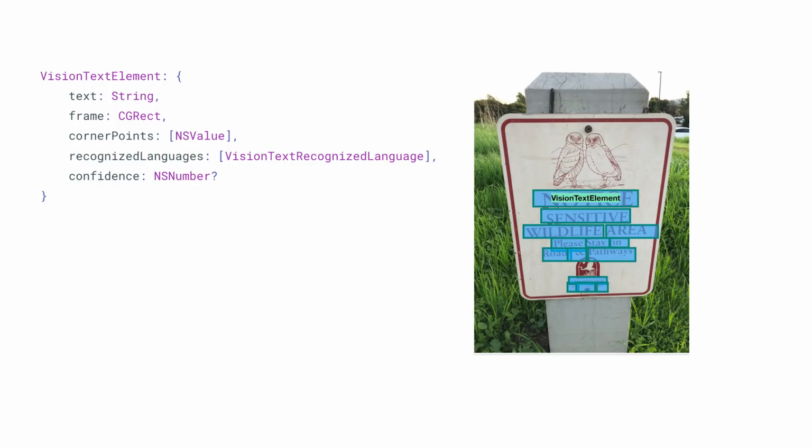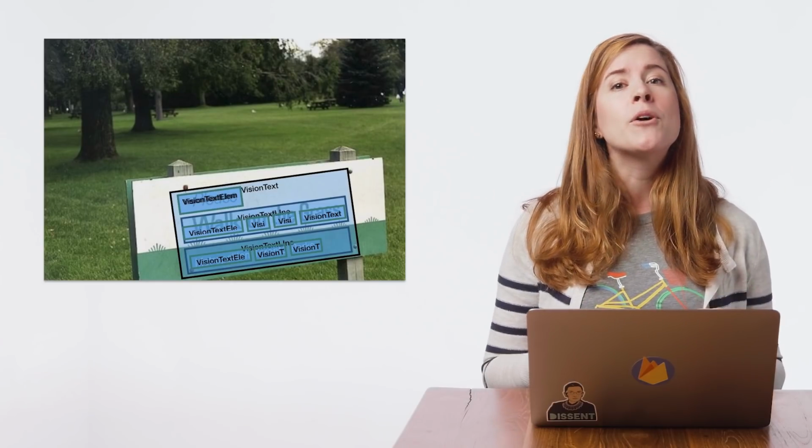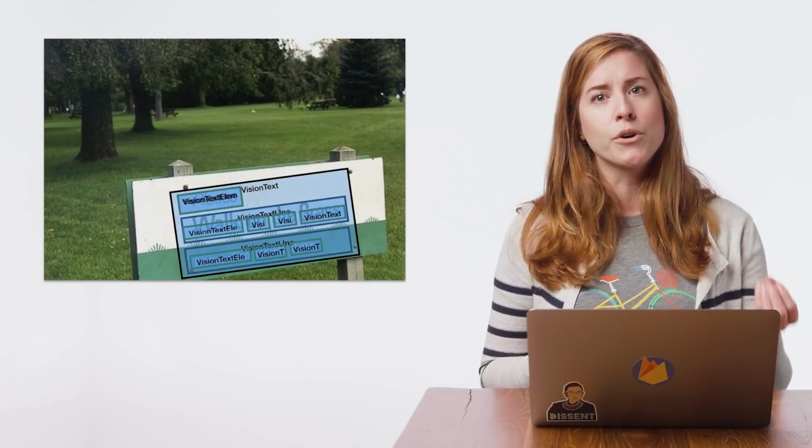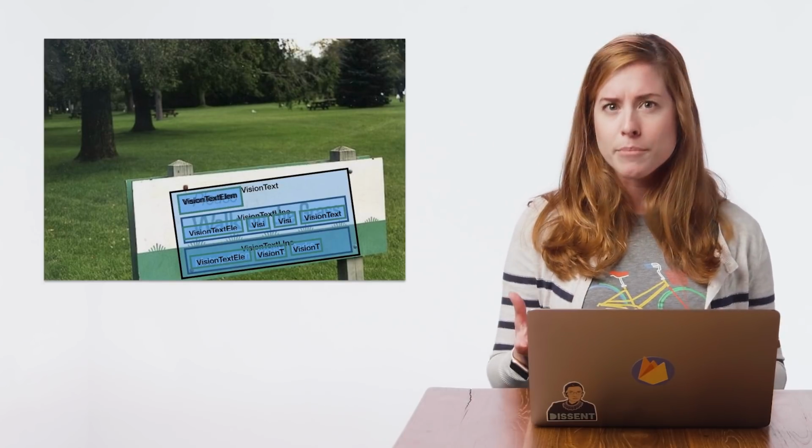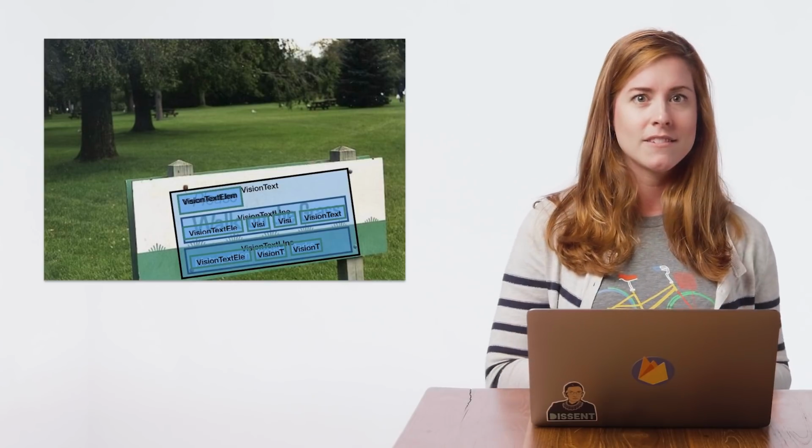So an element is basically a word. In many cases, you just need the text of the photo, so you can just access it using the text parameter of vision text. Other times, you may want to know the specific location of the words in the image, which is when you will need to access the arrays of text blocks, lines, and elements.